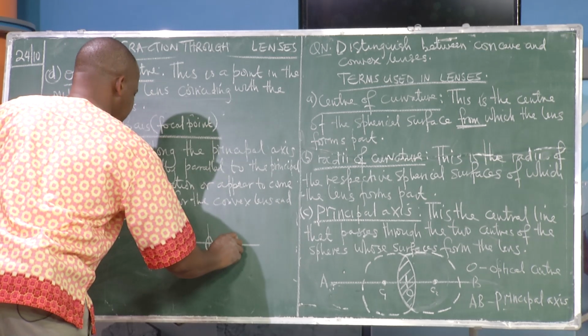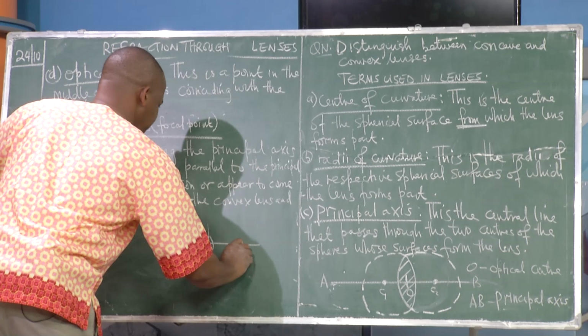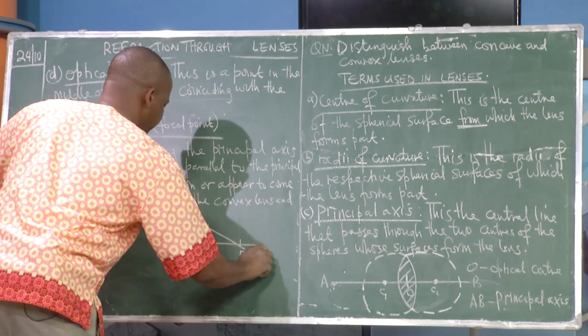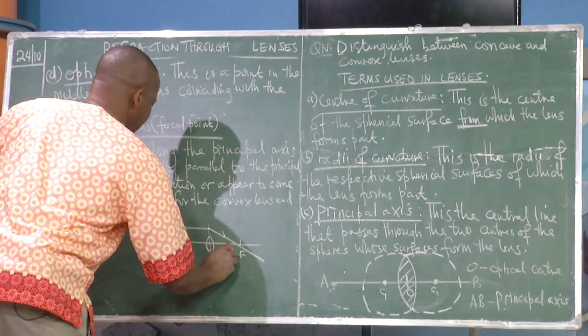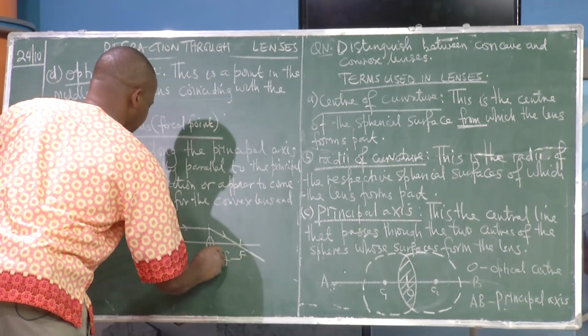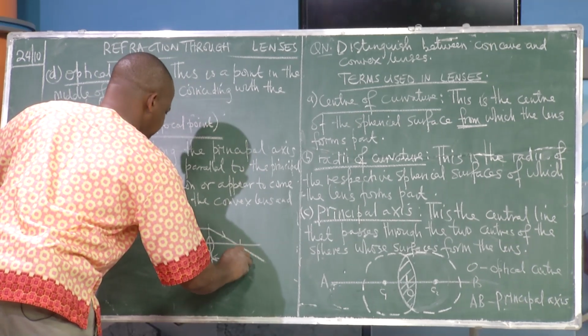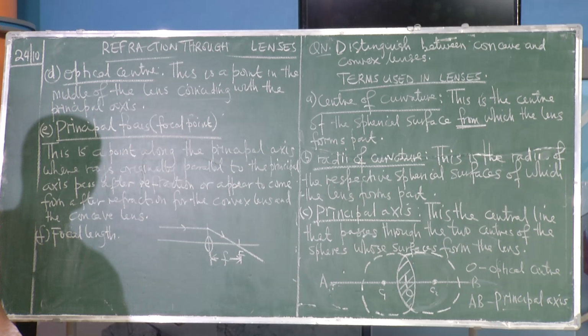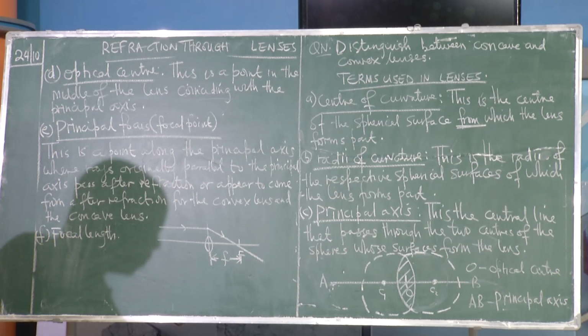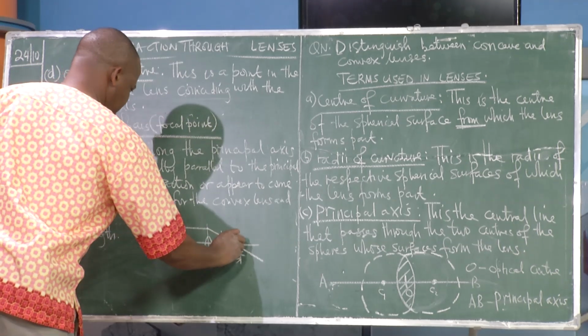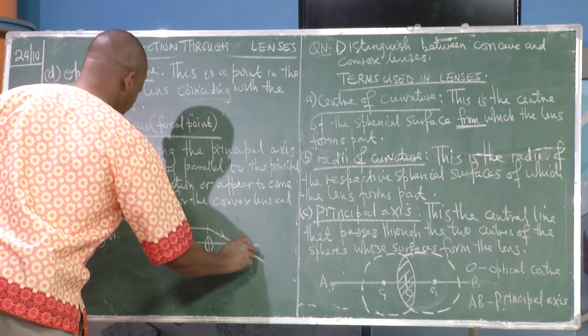If this point is the focal point, I can just illustrate with one ray, then this is what we are calling the focal length. It is a distance, therefore, that is measured from the optical center to the point where light rays refract through the principal axis, and that is the focal point.